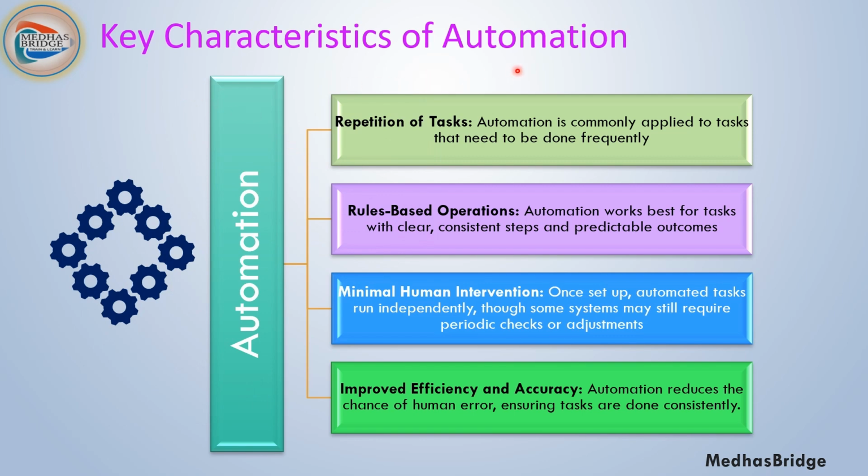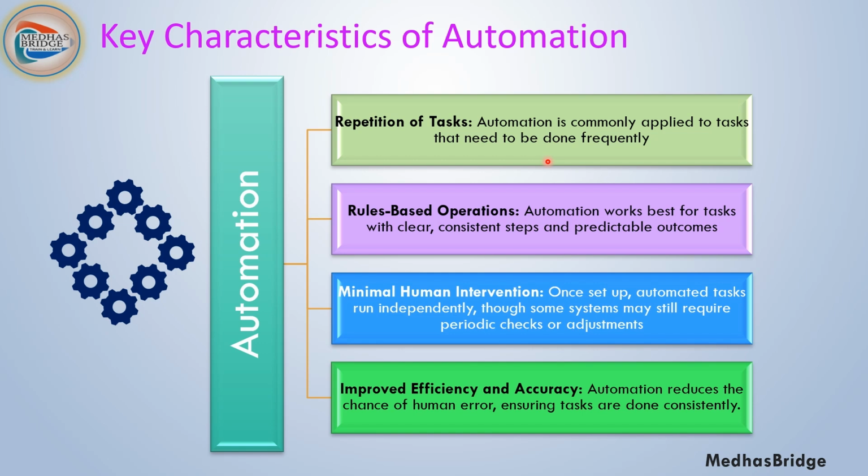Key characteristics of automation: repetition of tasks, rule-based operations, minimal human intervention, and improved efficiency and accuracy are the key characteristics of any automation. When we say repetition of tasks, automation is commonly applied to tasks that need to be done frequently.